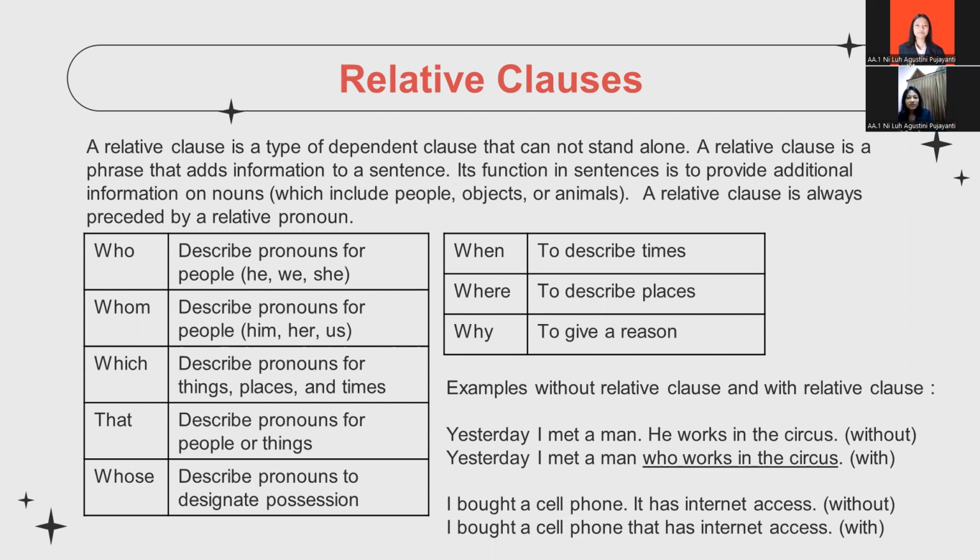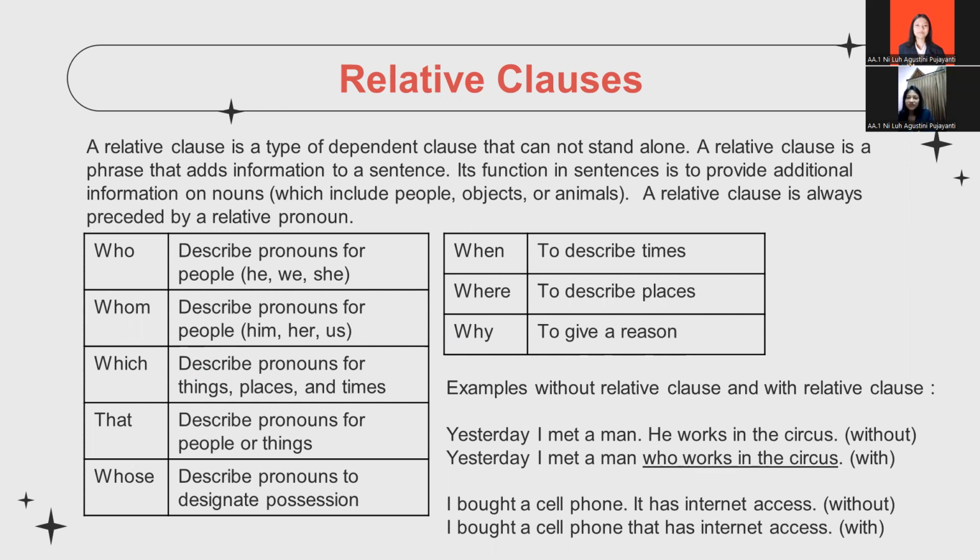There are several relative pronouns that are commonly used in relative clauses. This pronoun is placed in front of the relative clause. Its function is to point to a noun in a sentence, which are included in relative pronouns as follows. Who describes pronouns for people: he, we, and she.